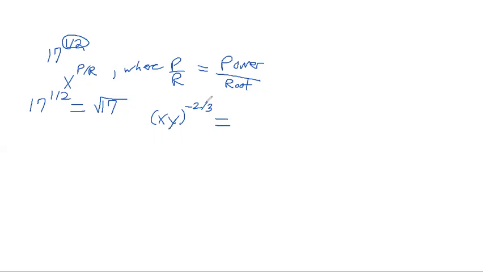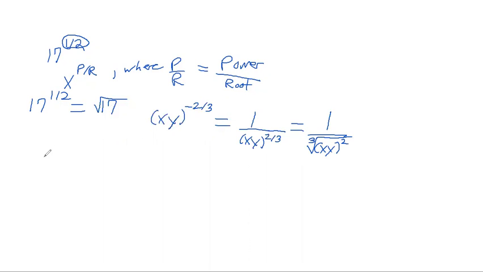So I have to take the reciprocal of this, which would be 1 over xy raised to the 2/3 power on the bottom. So then to write it in radical form, power over root. These are both being raised to the second power, so I can just leave it like that, and then the third root. So put the little 3 there because it's a cubed root.